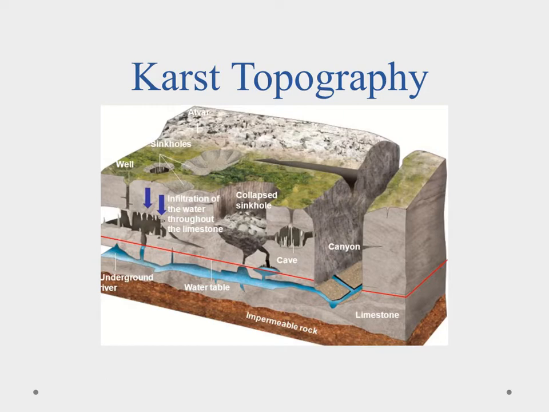The last topic they're going to talk about in the unit is what we call karst topography. Karst topography is where you see limestone down below and a lot of water flowing through it, and we form these caves and caverns in there. But sometimes you'll have one and then the roof collapses, and as the roof collapses, we end up with what we call a sinkhole. You can have a sinkhole as a depression, where part of it has collapsed down.